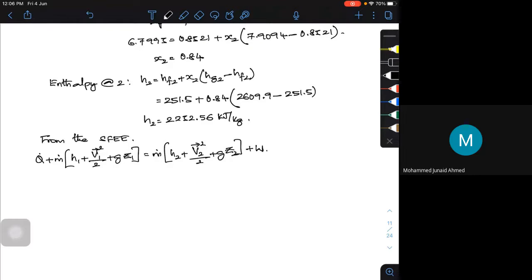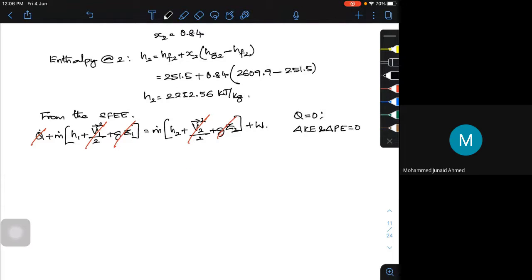This is the expression we have already derived in your undergraduate course. Your heat loss is equal to 0 here, and delta kinetic energy and delta potential energy are equal to 0. With that condition, these get cancelled. I am left with only work done is equal to mass flow rate into H1 minus H2.